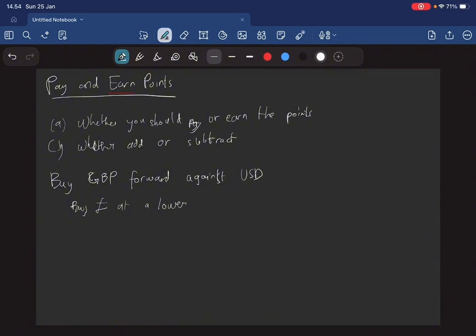We will buy the sterling at a lower rate, or pay fewer dollars per pound in the future.